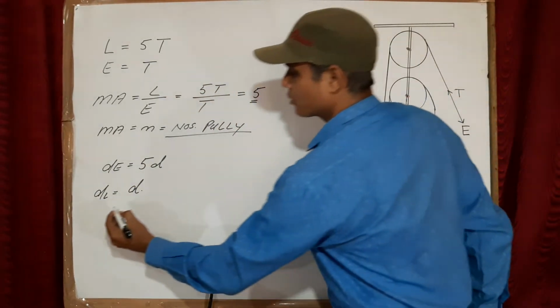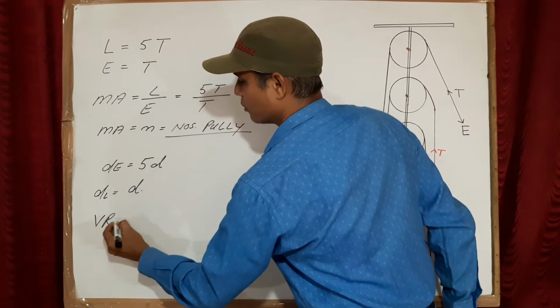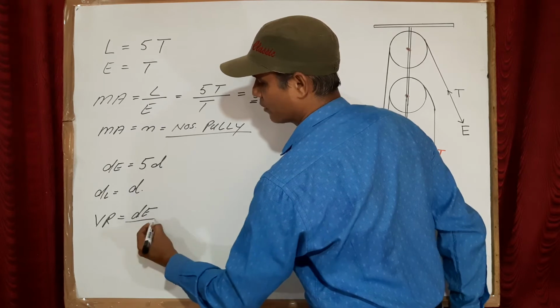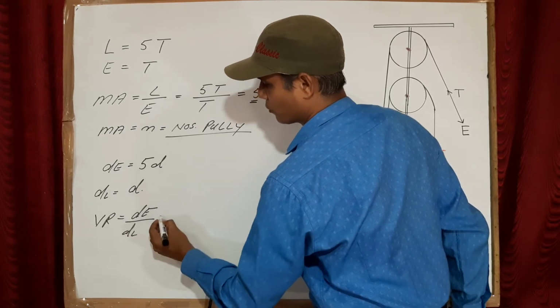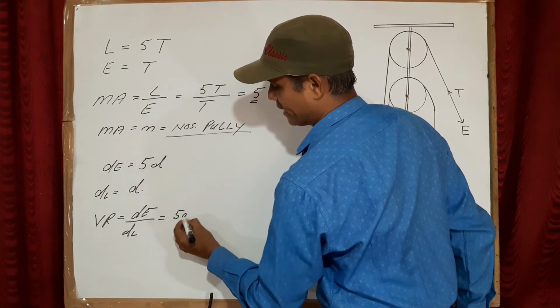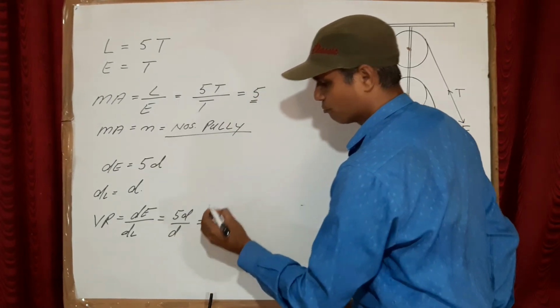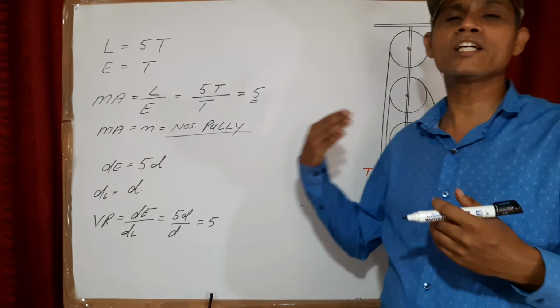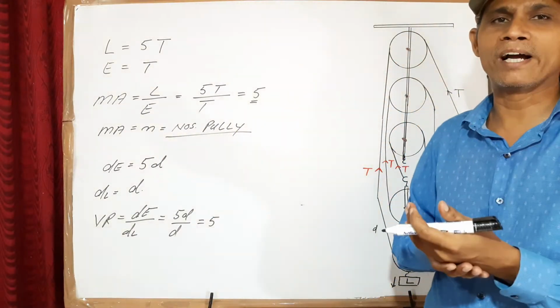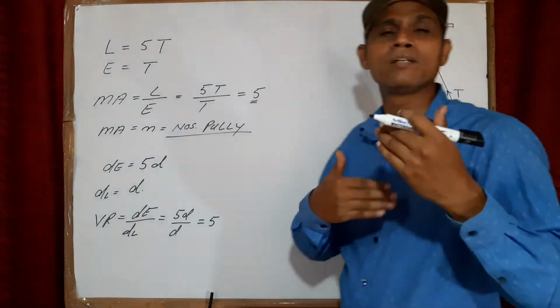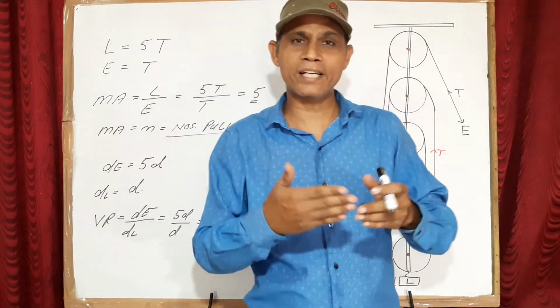So the velocity ratio, as you know, is the ratio of the displacement of effort to the displacement of the load. Therefore 5d upon d, again 5. So the velocity ratio here is also 5. That means it is also equal to the number of pulleys. And what will be the efficiency here?